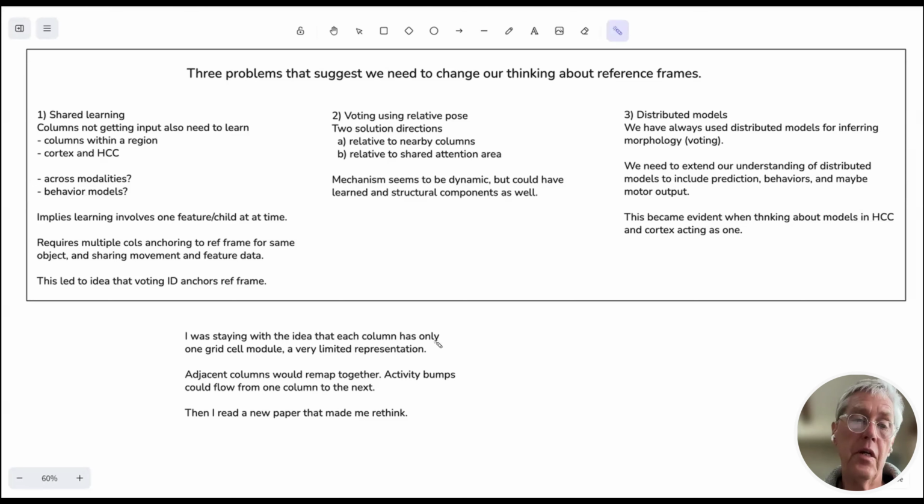I'm jumping ahead here a bit, but the way that I've been thinking about how this works in biology is that we didn't really have a biological mechanism to make any of this work. And I'll get into that in a second. Even re-anchoring, the way I was thinking about how locations are specified in a column, it's not even clear how I would do path integration.